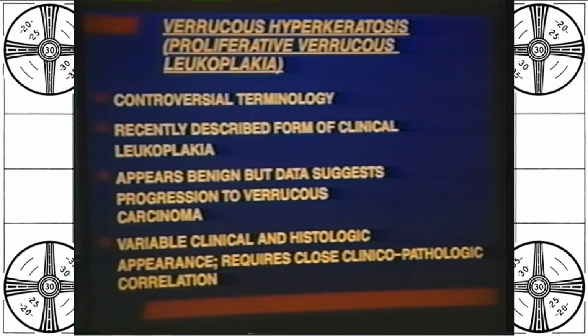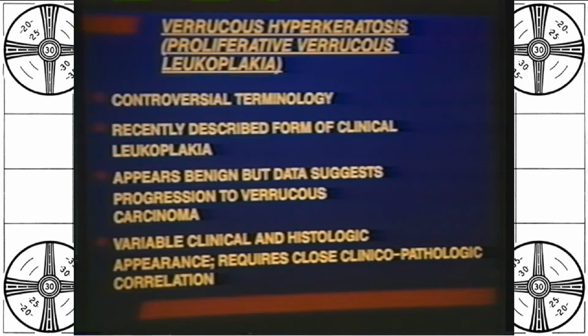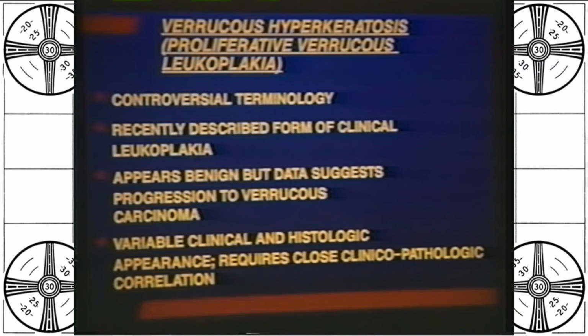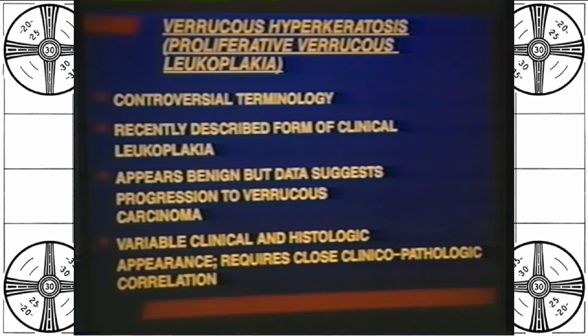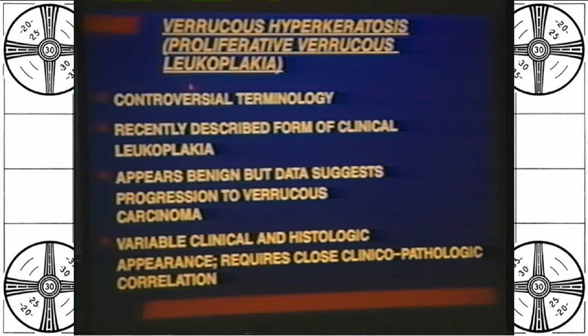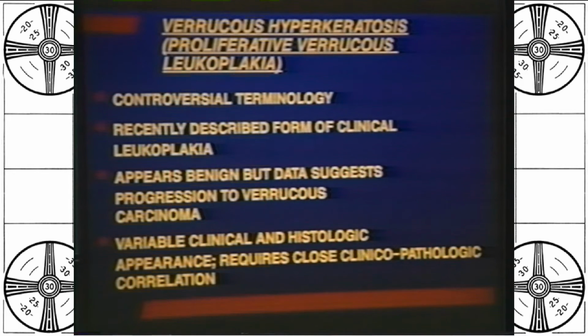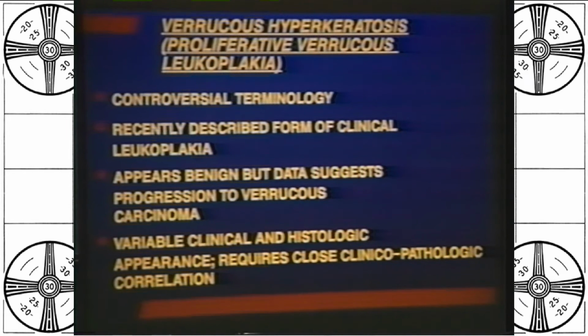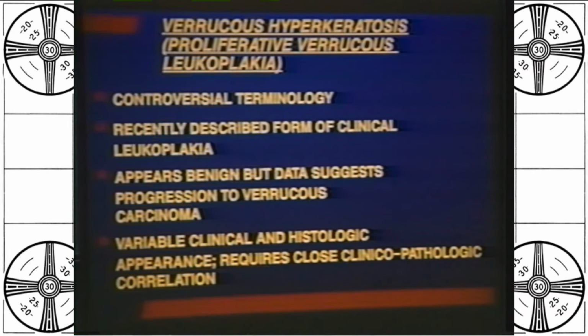As you might imagine, this is referring to a special form of leukoplakia that has a verrucous or warty-like surface, meaning a wrinkled type of surface. Again, it's controversial terminology, recently described, but the data indicates that if you see a white lesion with a great deal of irregularity to its surface, that one needs to be worried about more than your white lesion with a smooth surface.